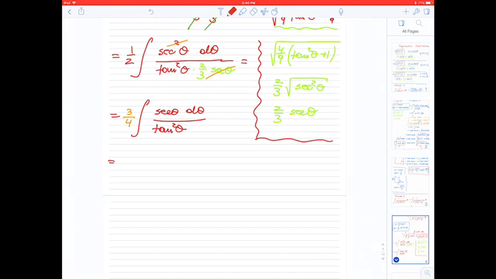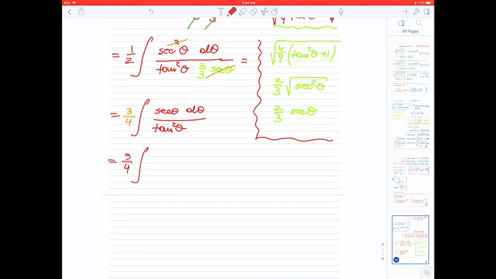Let's see what we have. We do have the coefficient 3 over 4. I will possibly change this for sine and cosine. Maybe we can see, but I think we can simplify a little bit. That means secant is 1 over cosine theta.